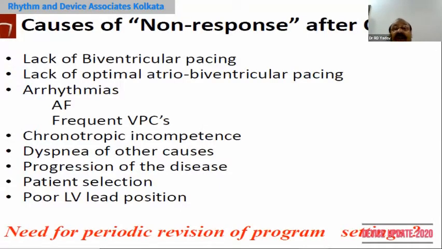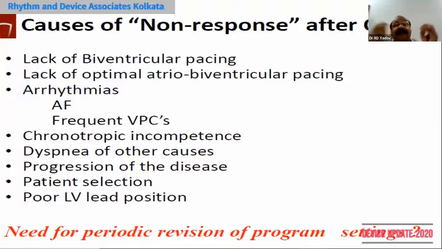The most common cause of non-response after CRT is lack of biventricular pacing. If you want an effect, it should be effective biventricular pacing more than 98% of the time. Only then will it give benefit. Or LV pacing in a patient with intrinsic conduction of the RV, with adaptive pacing or SyncAV CRT pacing, then you will have the benefit.